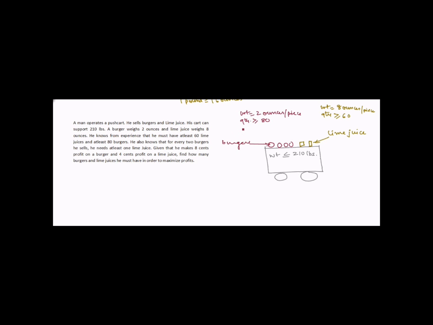So profit is equal to 8 cents per piece, and for lime juice profit is equal to 4 cents per piece. Now with this information given, we want to find out how many burgers and lime juices he must have in order to maximize the profit.